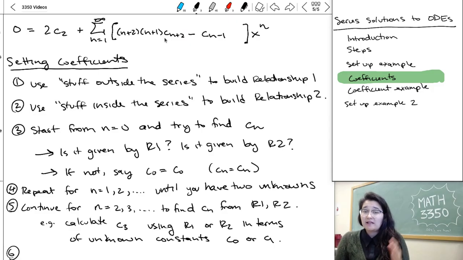And then you're just going to keep repeating this, calculating as many coefficients as you need to until you can say some sort of pattern for how you would calculate any given coefficient you need.